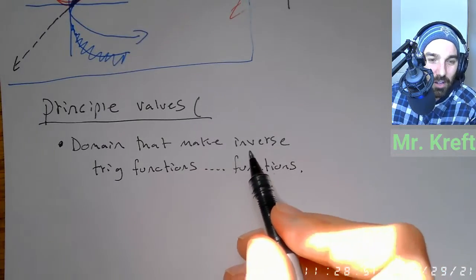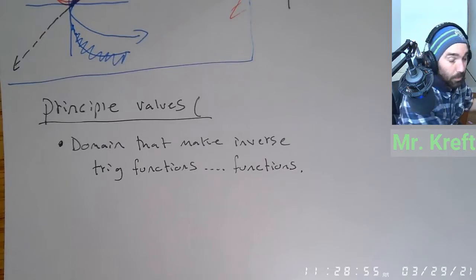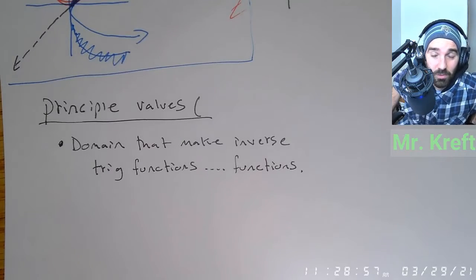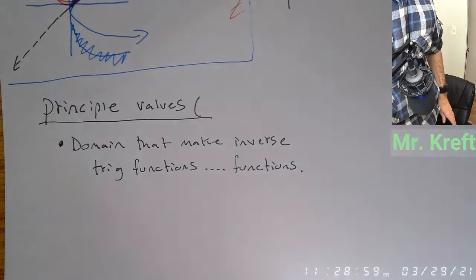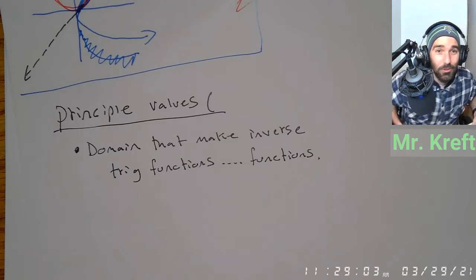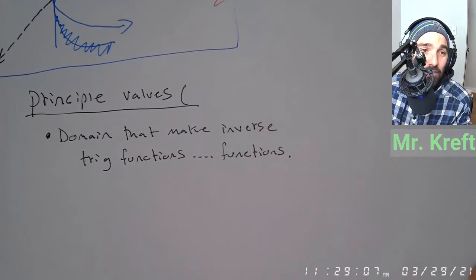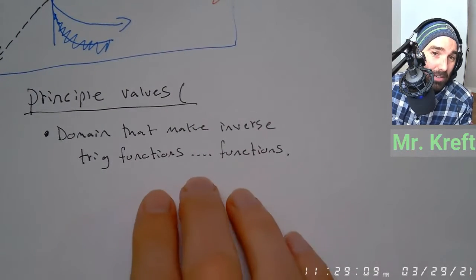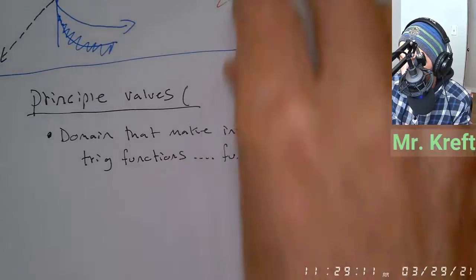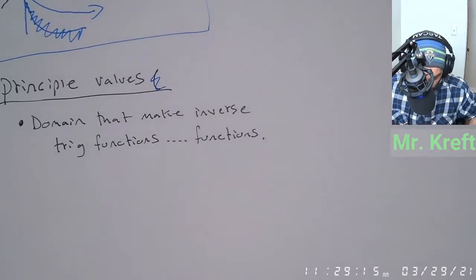So the book does this automatically. Oh, I'm going to have to close my thing here. It's getting a little too bright. But the book just defines all inverses as functions. But we have to realize that they're doing a little bit of sleight of hand. What they're doing is fixing the domain to make it so that the inverses are functions. Okay. So the principal values are going to be different for each one.